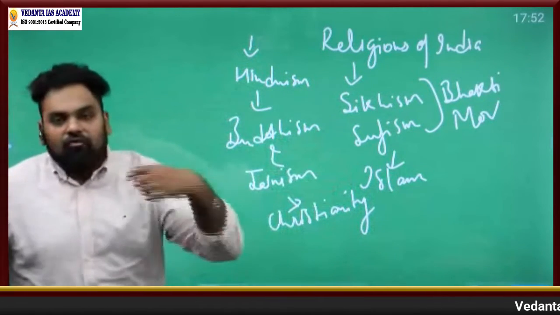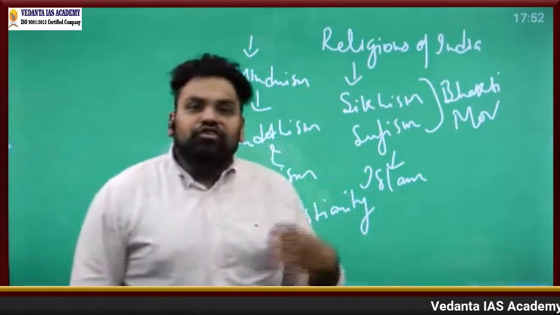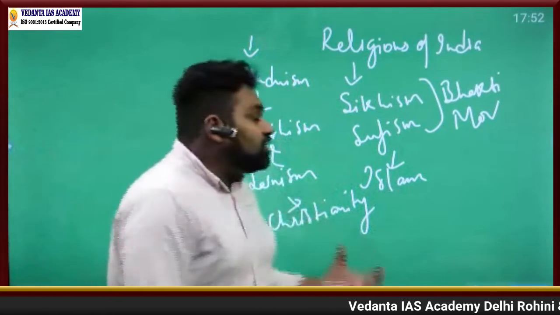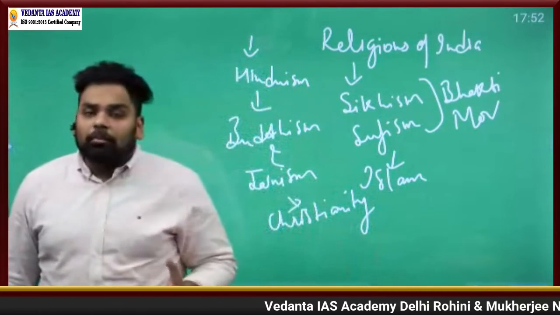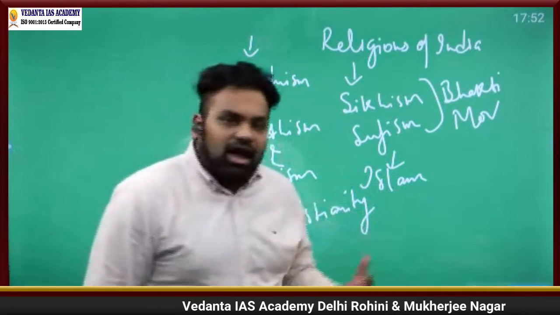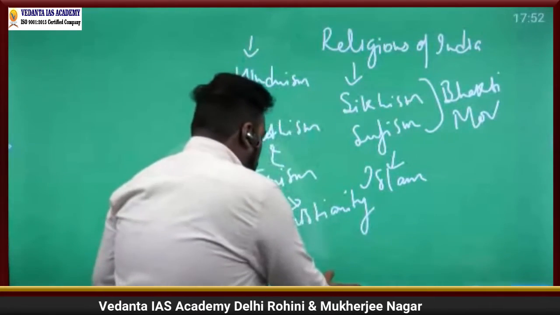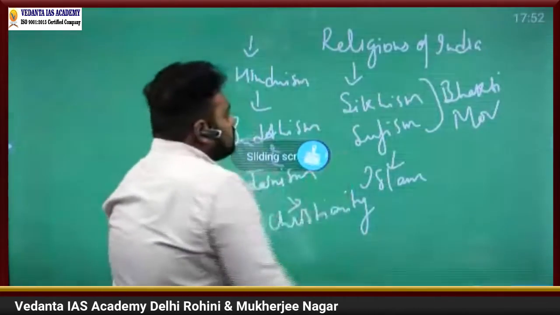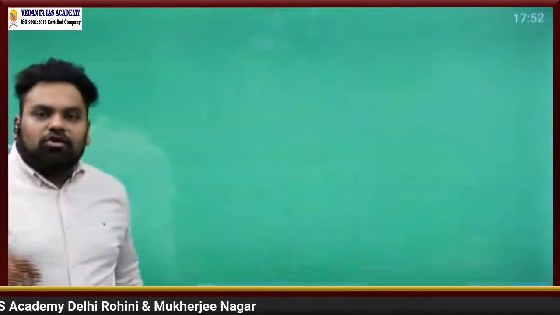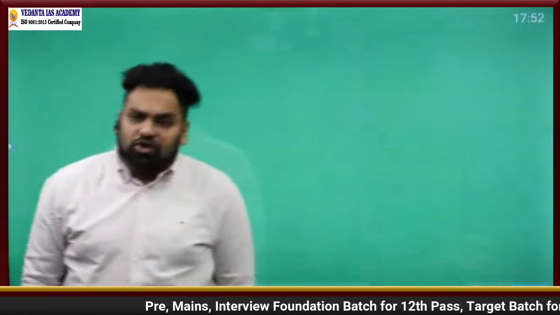This is again a very, very important idea which you need to understand when we are talking about the various topics of art and culture, right? Okay. Up till now we have discussed Indian paintings, Indian dance forms, Indian architecture, religion, schools of philosophy, right? These are the most important topics.